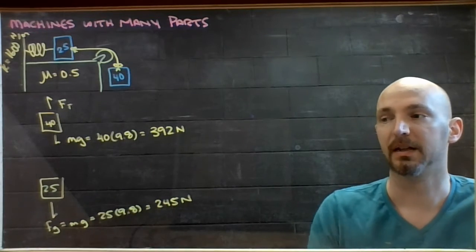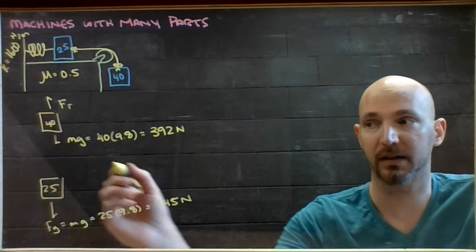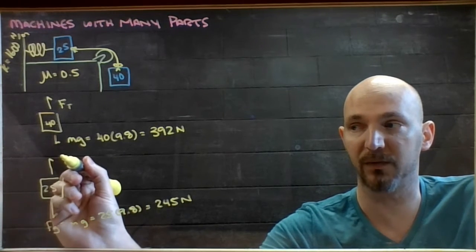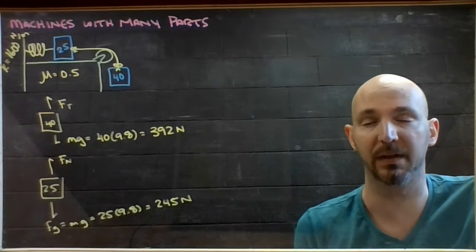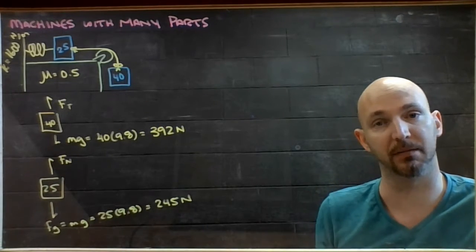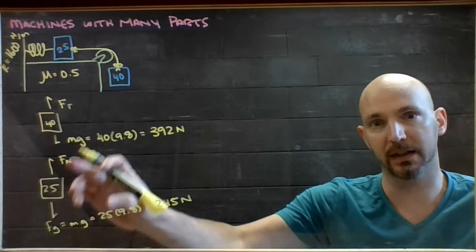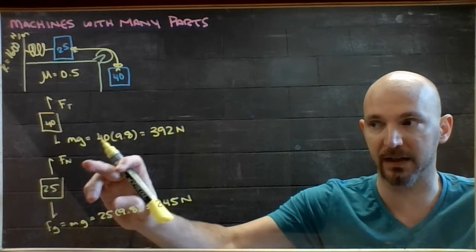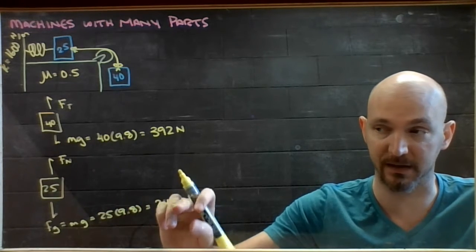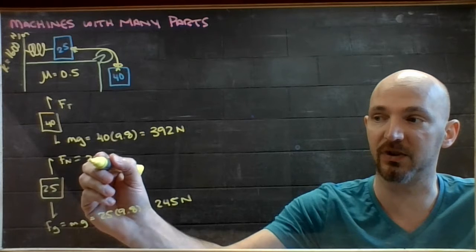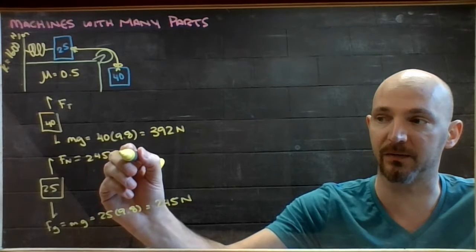Now, that block is also experiencing a normal force because it's not falling through the table. So in order to balance my gravity, that normal force has to be exactly this size. So I can deduce then that that's 245 newtons.